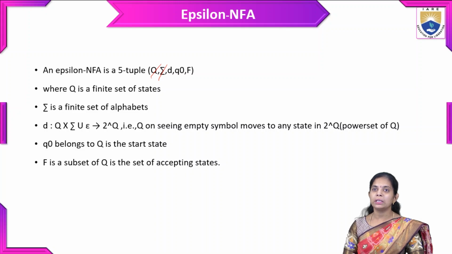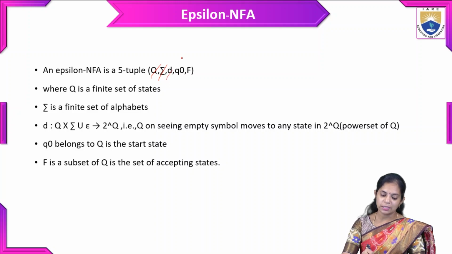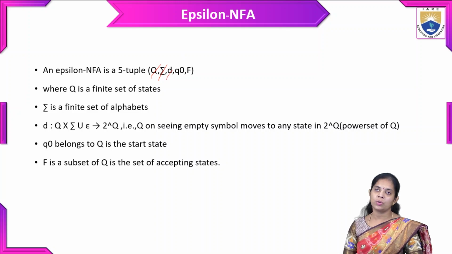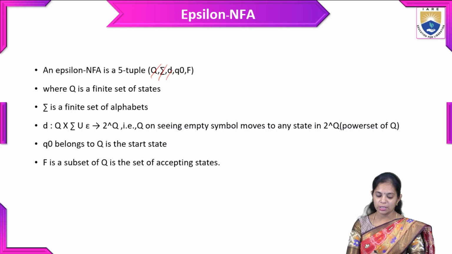The input values taken for the construction of the finite automata are represented as sigma. Next, delta is the transition: for every state and every input, how many transitions we perform, which is represented as Q cross sigma.